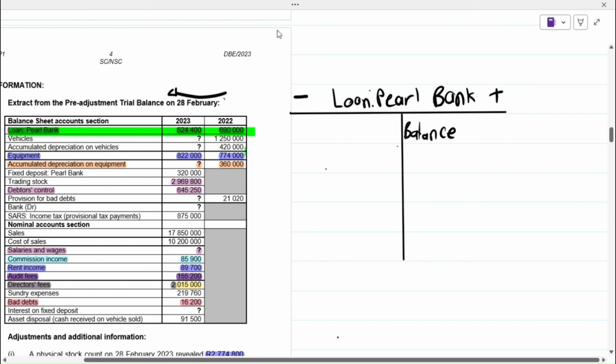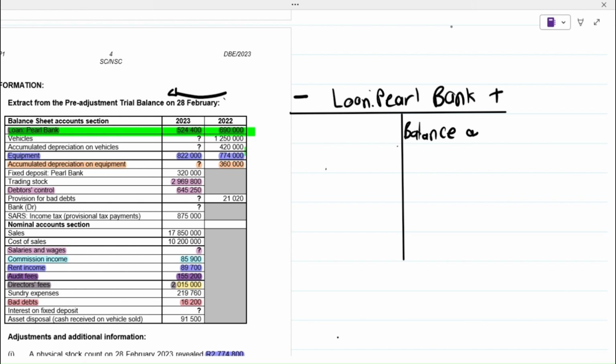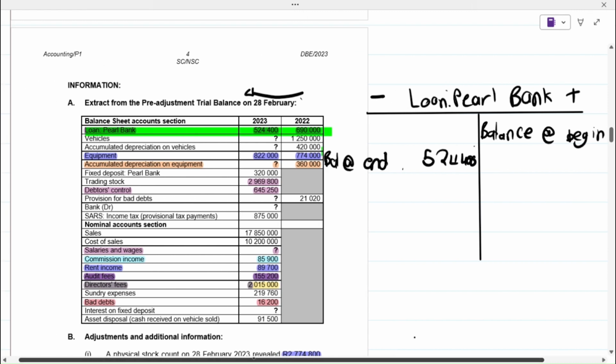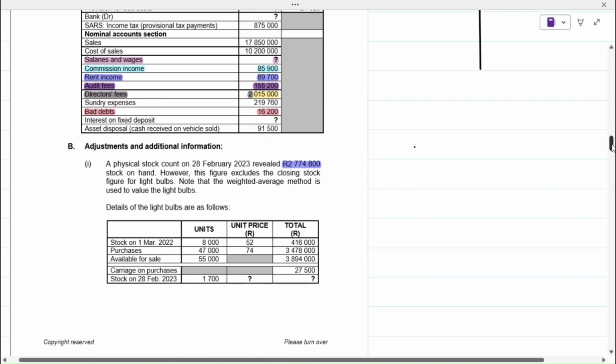To not confuse you, let me write everything in full: balance at beginning, 690,000. Then on this side I'm going to have my balance at the end, which is given as 524,400. So my balance decreased from 690,000 to 524,400. That means I've made some payments with regards to my loan.